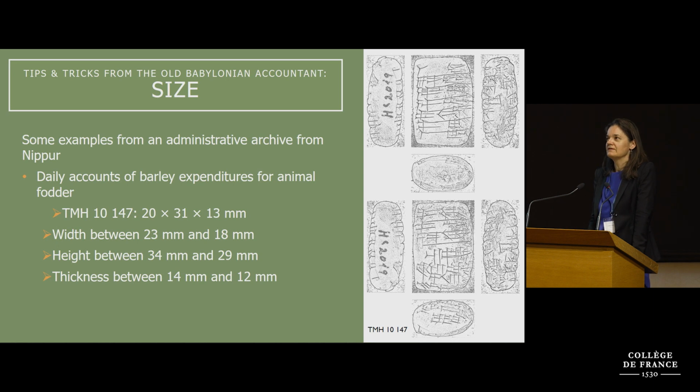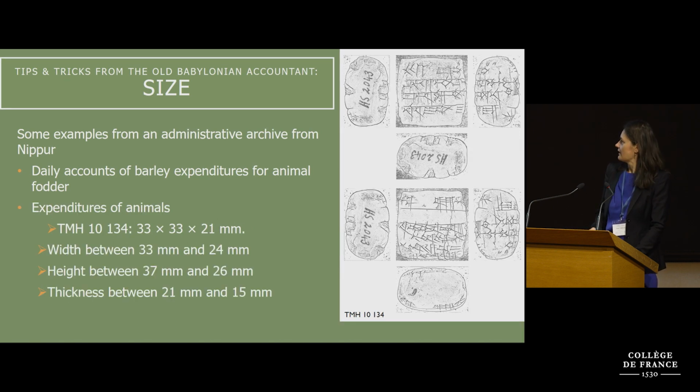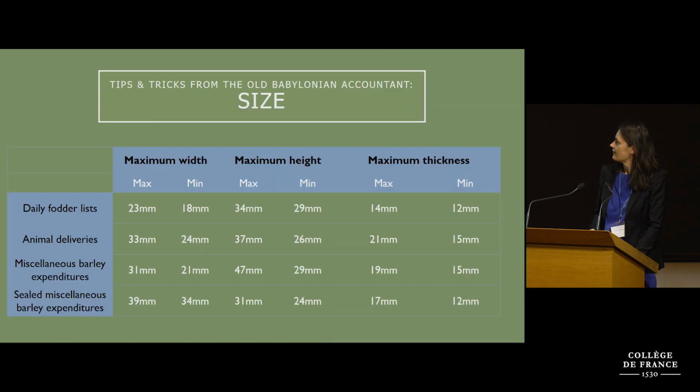So these documents that are made every day are prepared knowing what they would look like and how they would be stored, and they are prepared in the same way as the previous ones. So here we are.